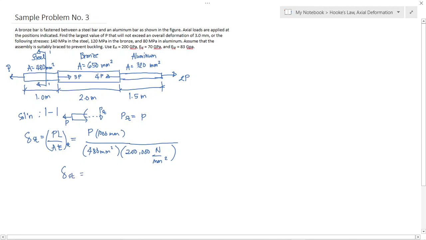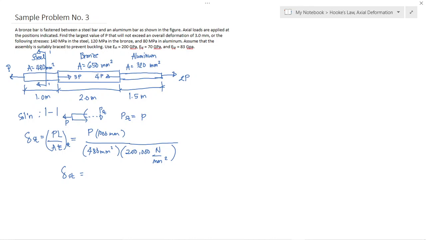Deformation of steel is, let's simplify, 1,000 divided by 480 by 200,000.